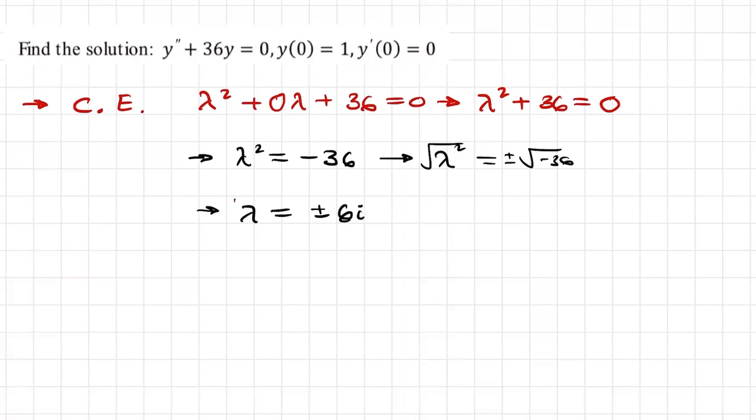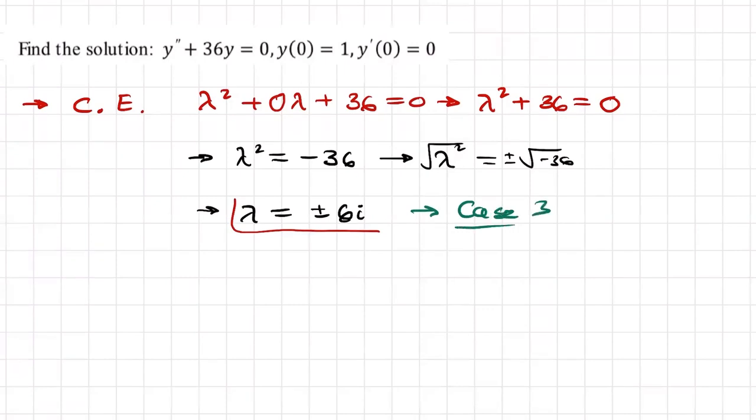And you can see that these are our roots. Once again, it's still two roots, not just one. We have a positive 6i and a negative 6i. But regardless, this is a case 3.